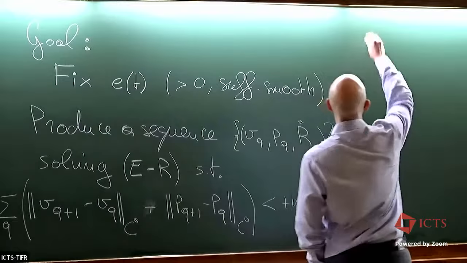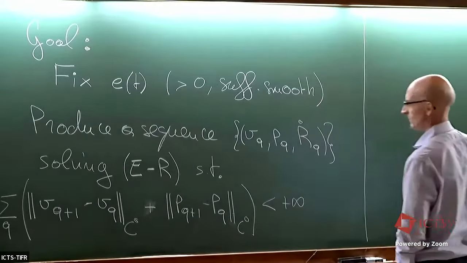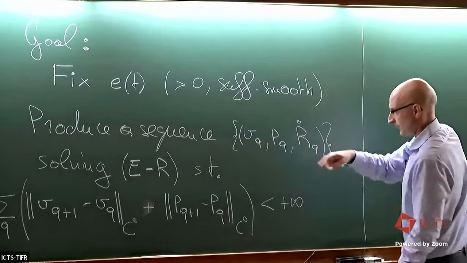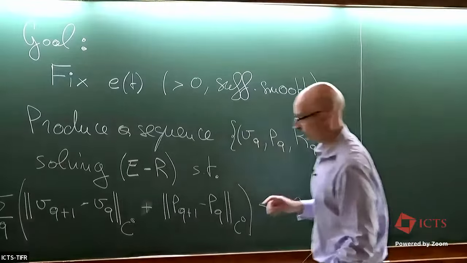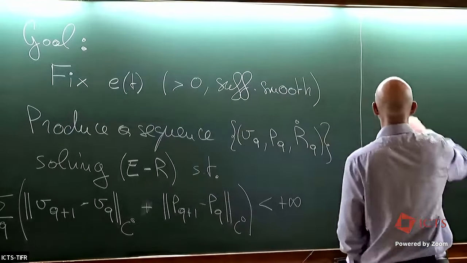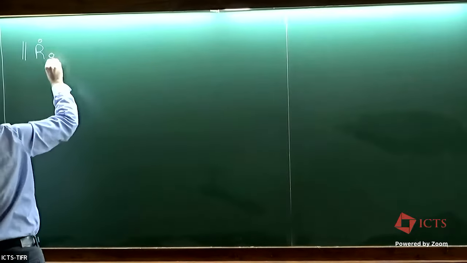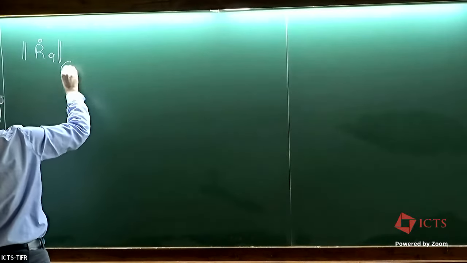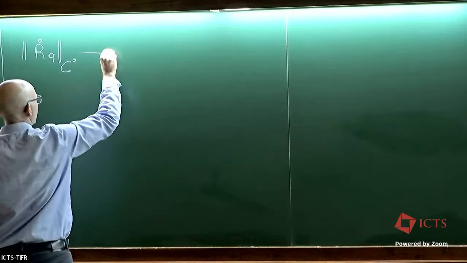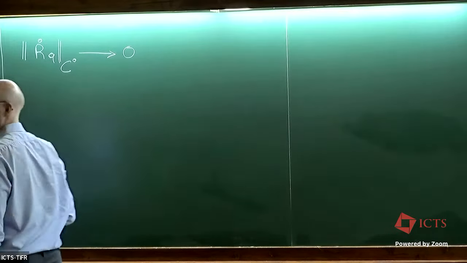This will be the first condition. Then I will have another condition, which is what you would all be expecting. This R circle q in C0, I want it to converge to 0, so that in the limit it disappears.